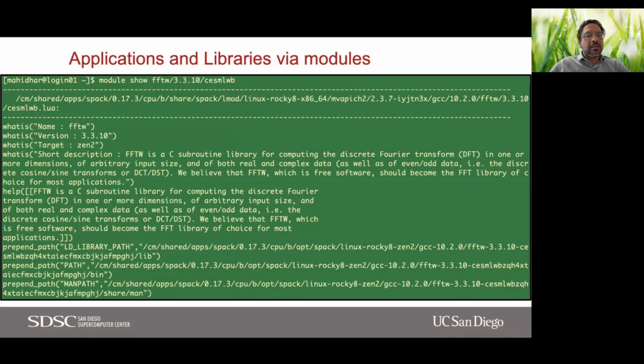But then you also see that it sets a bunch of paths. This is essentially what's happening when you're using modules, right? It sets the library paths. It sets the path for the binaries. So for example, all of these are being prepended, so it doesn't clobber what you already have existing. It just adds more directory paths to the existing path, basically. So all that means is if you have a binary associated with the package that you loaded, it would show up in your default path.